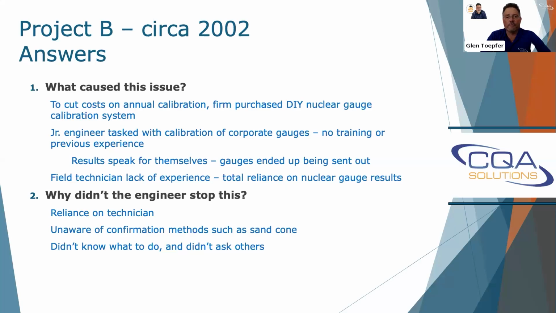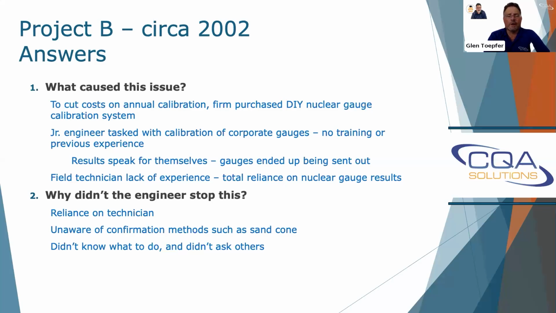Everybody's projects were screwed up. Another thing that complicated the issue was the field technician had a lack of experience. He should have known better. He should have known there's something wrong with the material if you have to add that much water to it. But he had total reliance on the nuclear gauge because he was new to the testing. And so it's a shame in that regard.